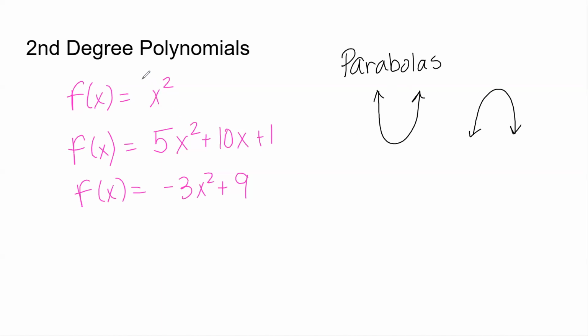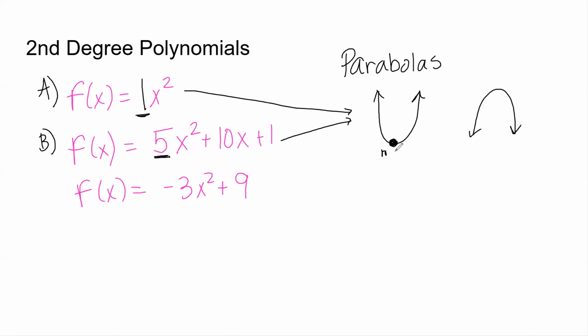If our leading coefficient is positive, so I'm looking at equation A and equation B, 1 is positive and 5 is positive, that will lead you to the happy face or the upward facing parabola. And you'll have a minimum.